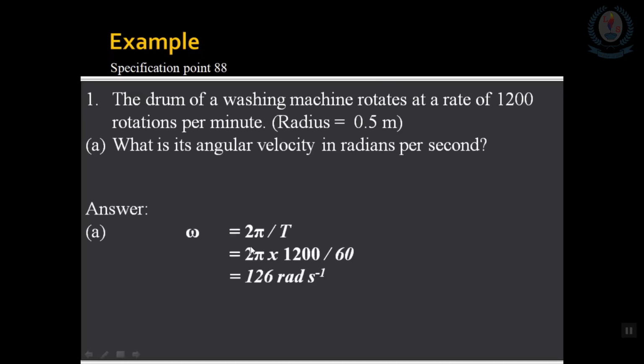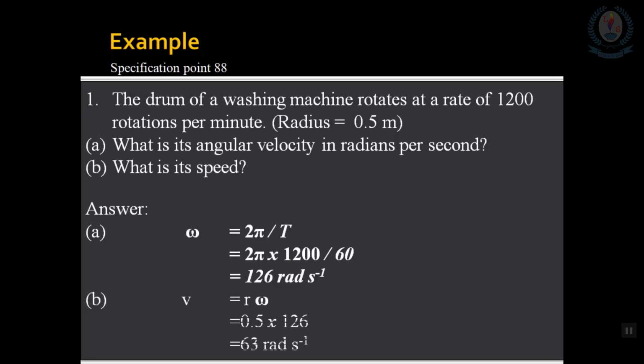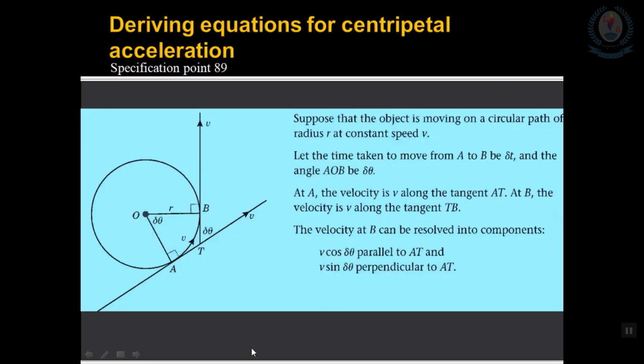As I told you, 2 pi into 1200 divided by time taken per minute. So time is 60 seconds. So it's 126 radians per second. What is its speed? v equals r omega. Its r is 0.5 and omega we earlier found, so it's 63 meters per second.